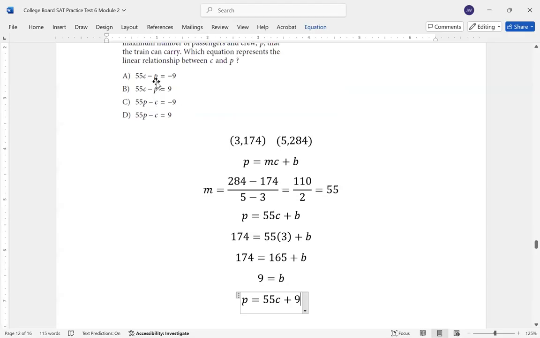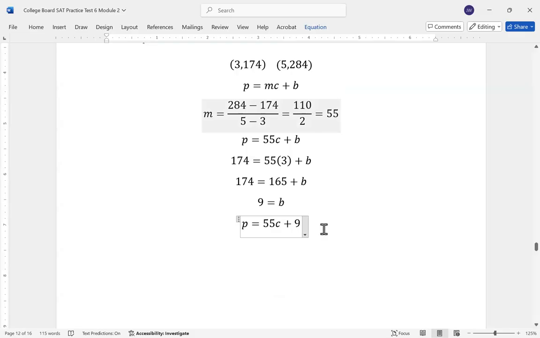My C and P are on the same side. My constant is on the other side. And notice it always starts with the 55. So what I'm going to do to make this equation look exactly like one of those top equations is I'm going to subtract P and then subtract 9.